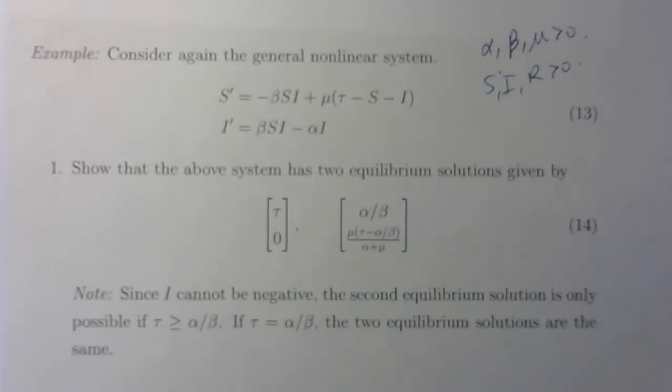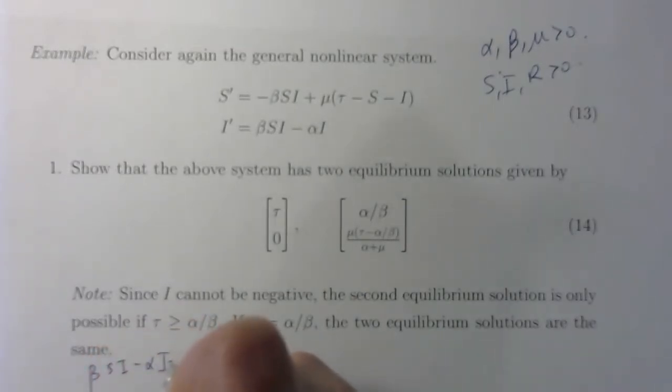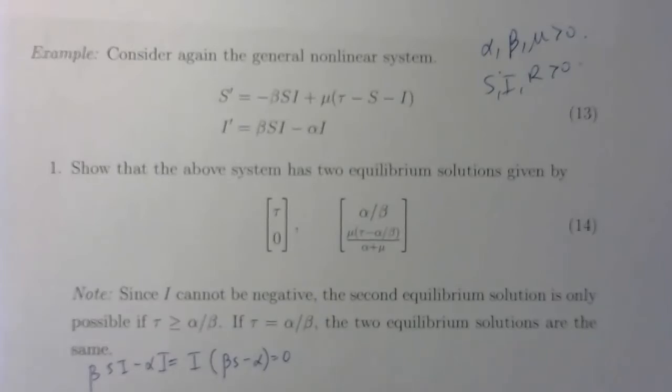Okay, so we have this system. Number 1 says show that the system has 2 equilibria given by these 2 here. So if I want to set these two equations equal to 0, the second equation is beta S I minus alpha I, and I can factor out that I, right? So it's I times (beta S minus alpha) equal to 0, which has two solutions. I is equal to 0, that's the first one.